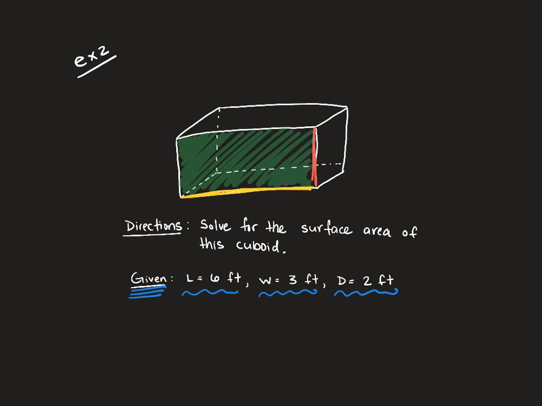Because there's a front and a back that is exactly the same area, the back part back here, 6 times 3 is 18, 18 feet squared, times 2. And now you have the front and the back face. But you still have to do this face, which is the same as this face, and the top face, which is the same as the bottom face. Okay?